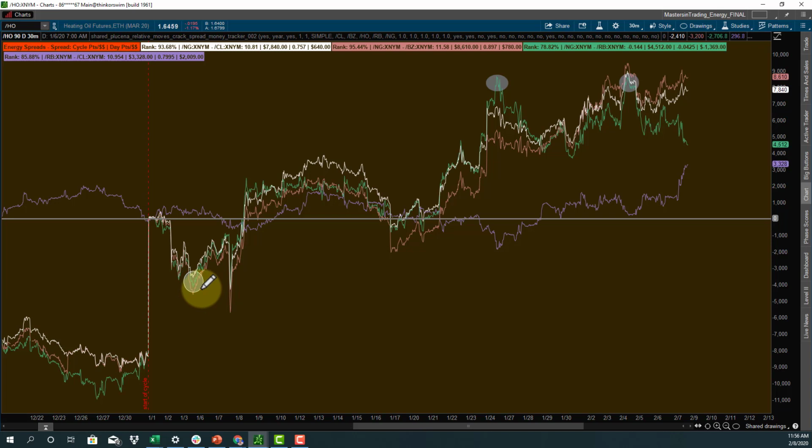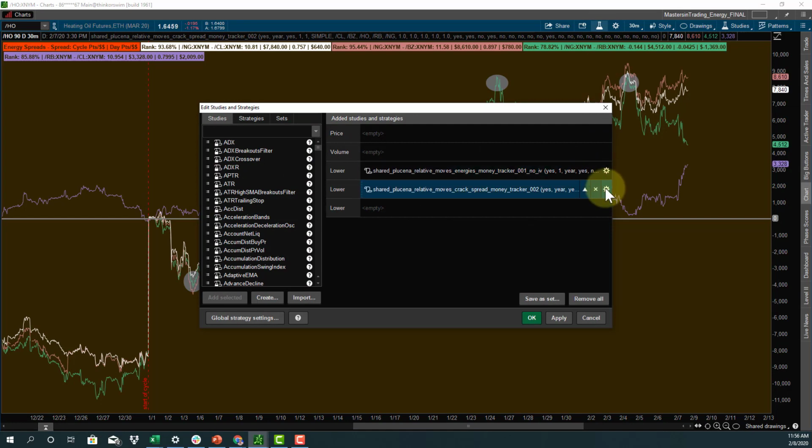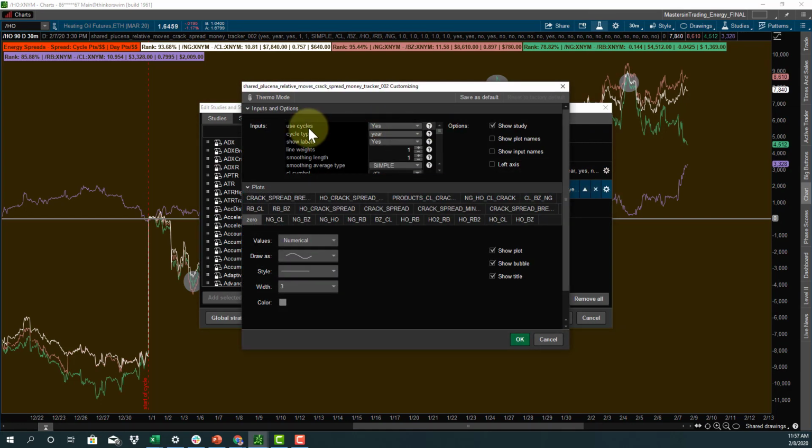It's awesome. This tool simplifies everything that I do when I'm looking to do these different kinds of trades. The cycle is a full year. The year is going back to the beginning of 2020. I can scroll down, we could put moving averages on this, and then the different spreads that we could use are going to be all the natural gas spreads, all the heating oil, the different RBOB spreads.